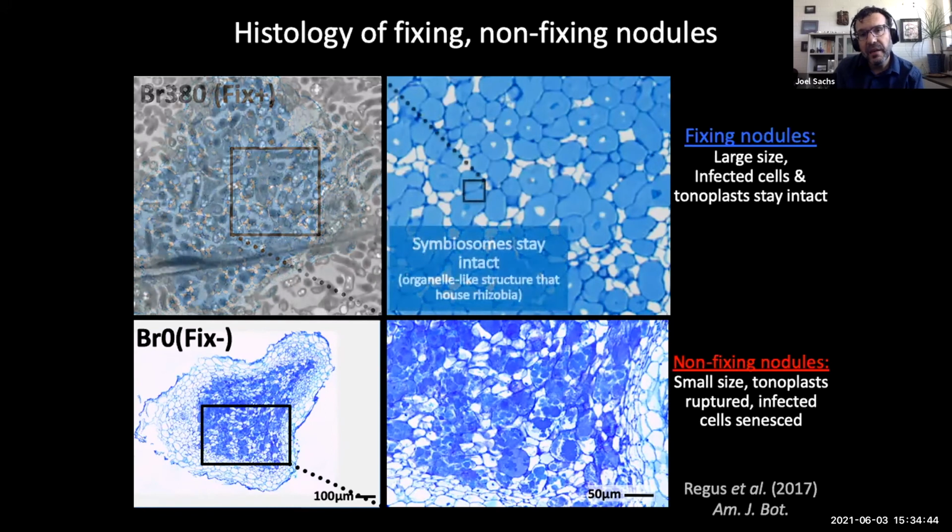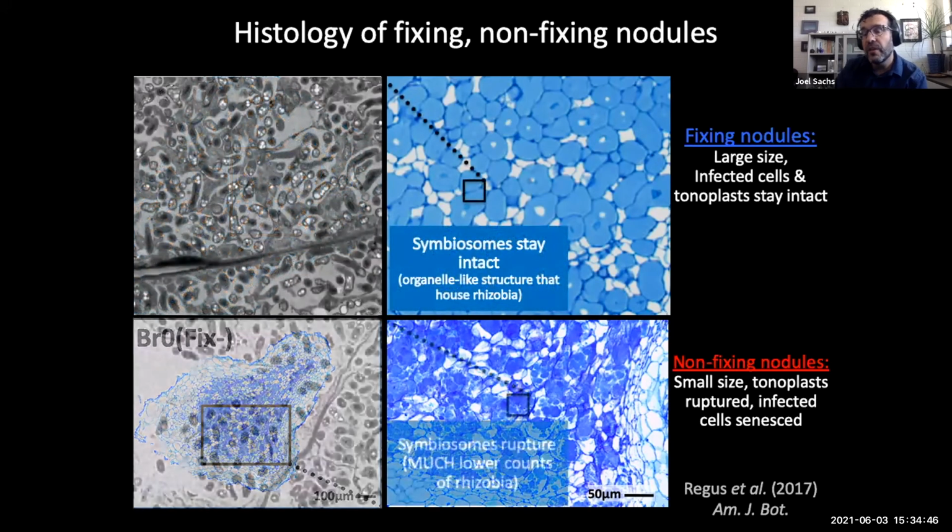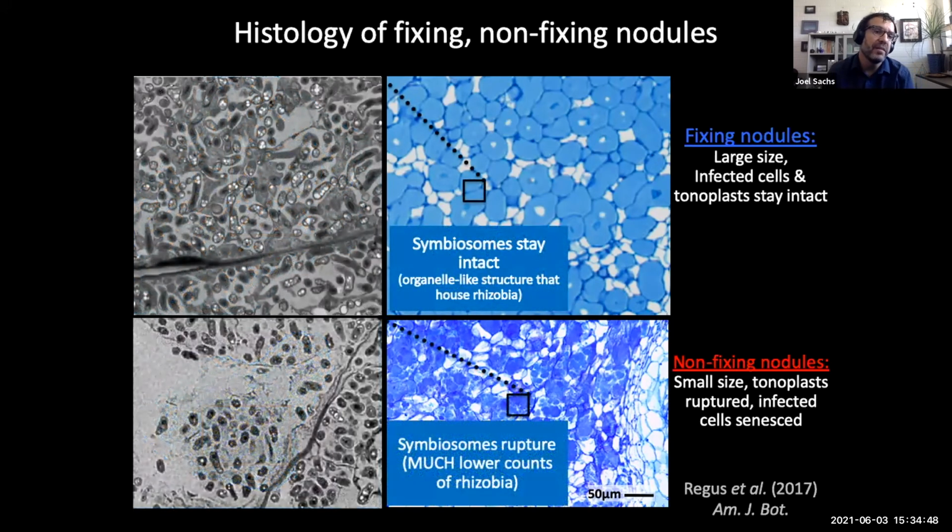We can zoom in and look at some of the same features using transmission electron microscopy. Again, top row versus bottom row, nitrogen fixing versus non-fixing. In the upper left corner, the TEM shows some very interesting patterns. Those dark blobs within the cell are actually bacteroids.